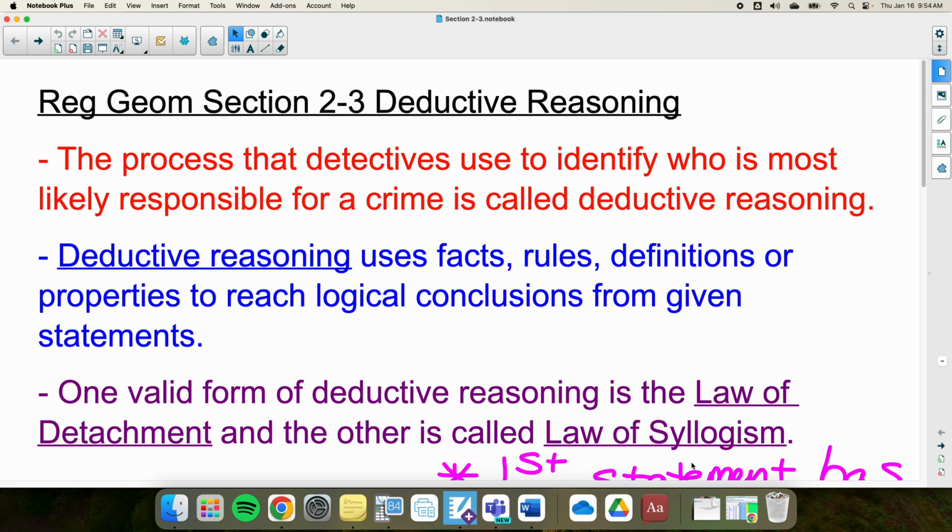And so far in this chapter we've talked about inductive reasoning, particularly when we did section 2-1. We looked at a pattern of numbers and tried to say what our next number would be, and we also would write what that pattern was, try to describe it.